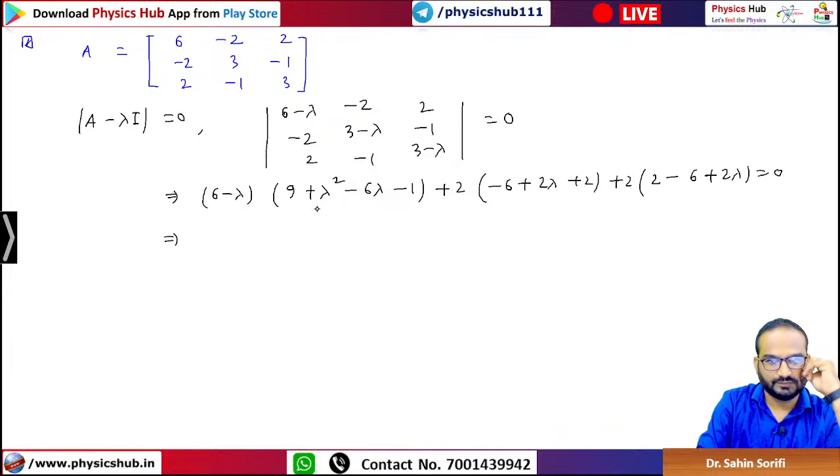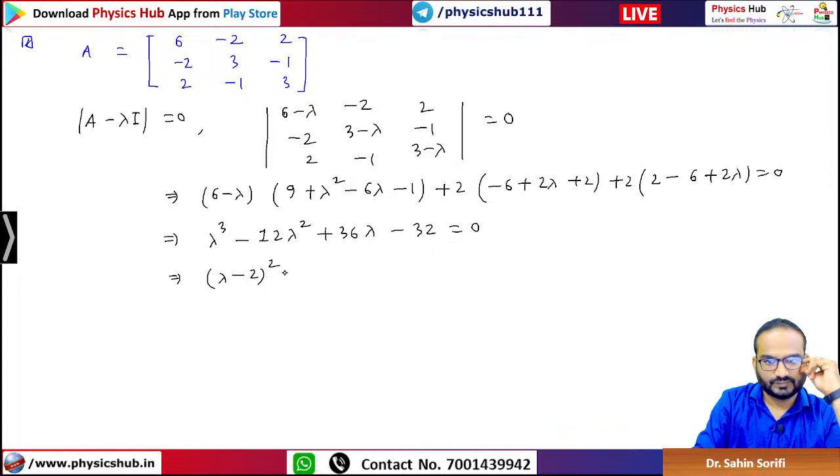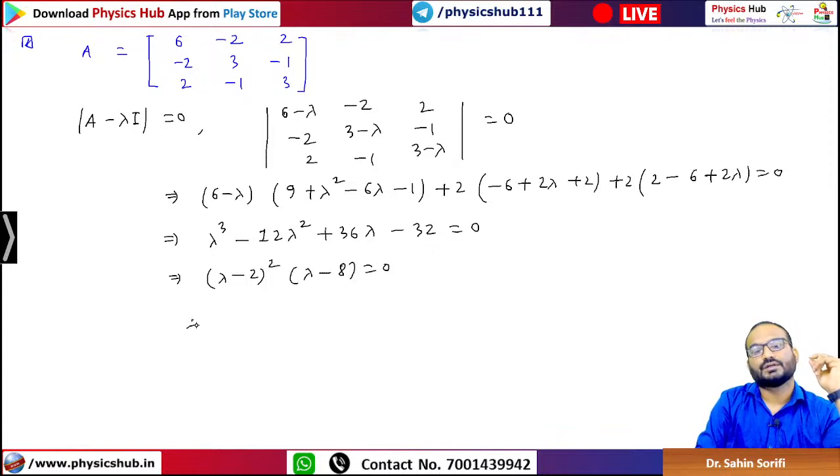Lambda cube minus 12 lambda square plus 36 lambda minus 32 equals 0, and this will give you 3 values: (lambda minus 2) whole square times (lambda minus 8) equals 0. This gives lambda equals 2, 2 and 8.